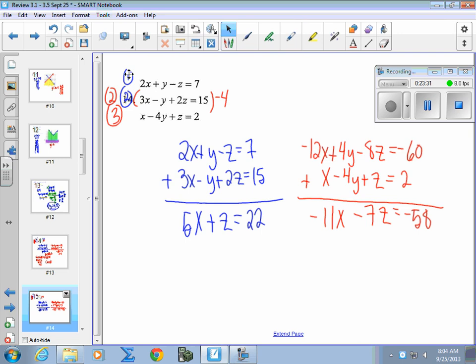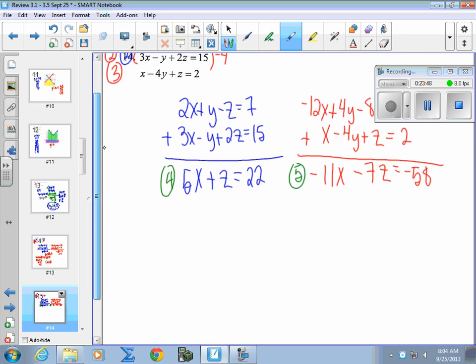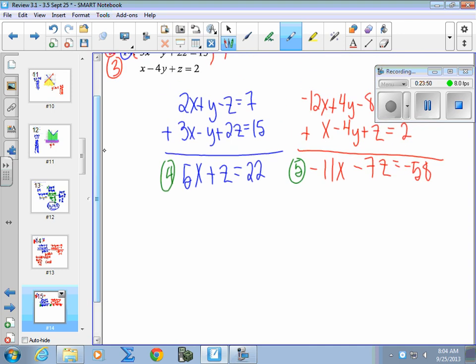So now we have to use equation 4 and equation 5. Let's look at that again. We want to eliminate z.